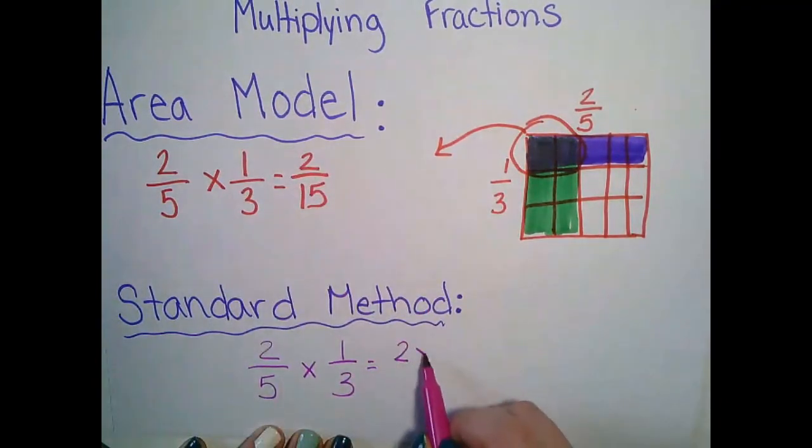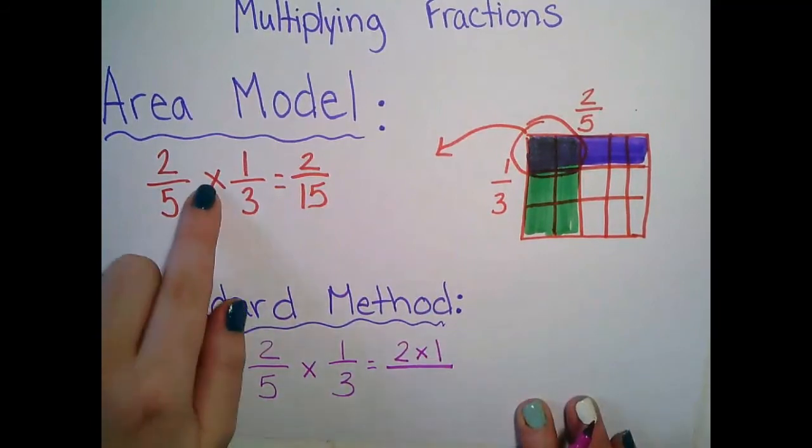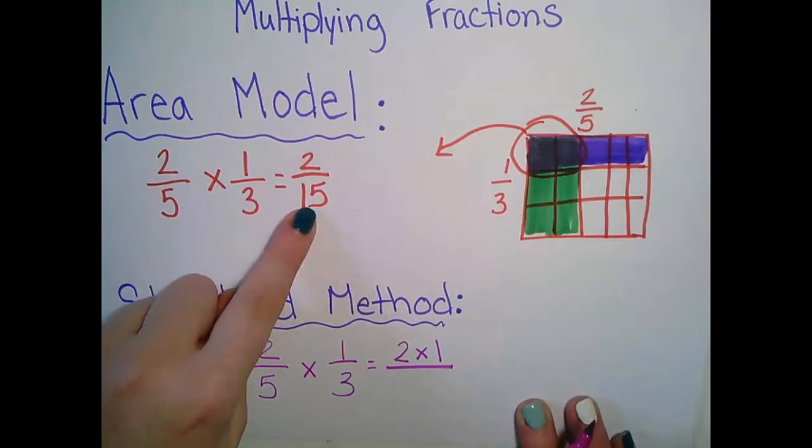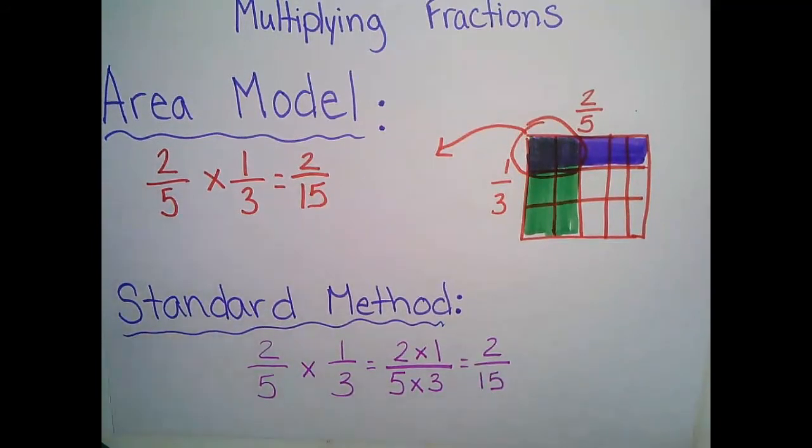So we can do 2 times 1 as our numerator, and then we can do 5 times 3 and get 15, which is our denominator. So our answer comes out to the same using the area model and the standard method. So anytime you see a fraction multiplied by a fraction, you can multiply the numerators and then multiply the denominators.